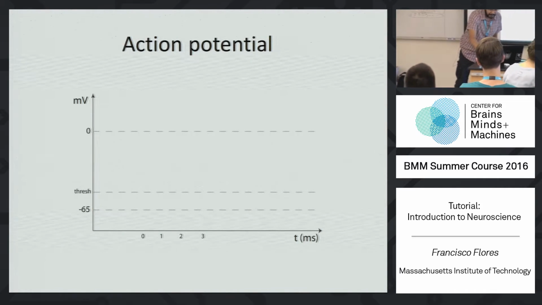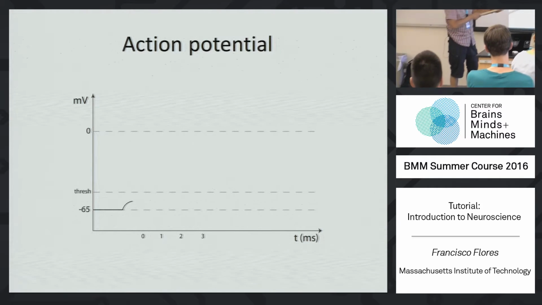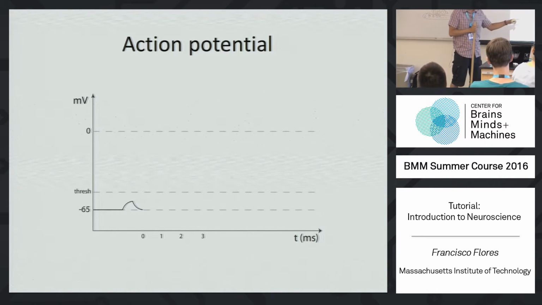So just like before, we are at the resting potential, and we introduce a little input. So the membrane is going to depolarize. If we just stop there, nothing's going to happen. The membrane is going to repolarize again, okay?